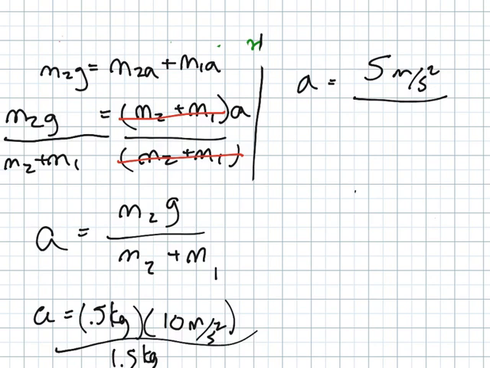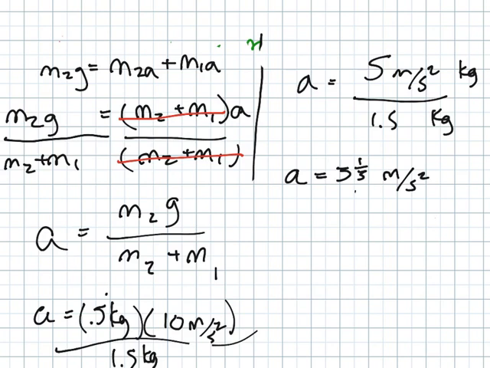Actually, there's a kilogram here, sorry. You've got to keep this unit with you. Then the kilograms cancel out. You've got meters per second squared, and A is 5 divided by 1.5, whatever that is. Hold on. Okay, it's 3 1/3 meters per second squared. Okay, so then, problem done.